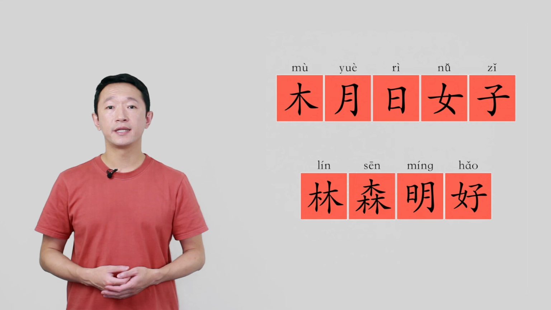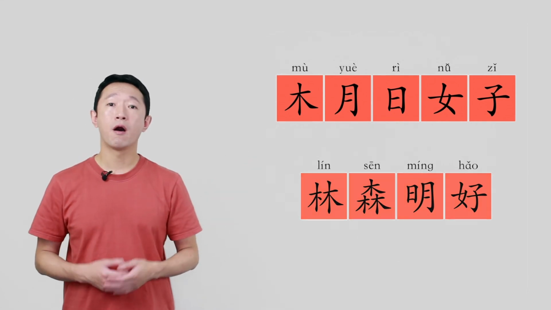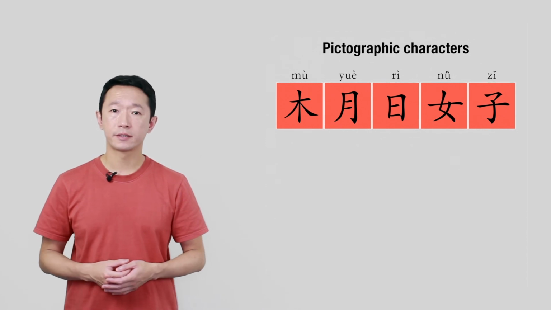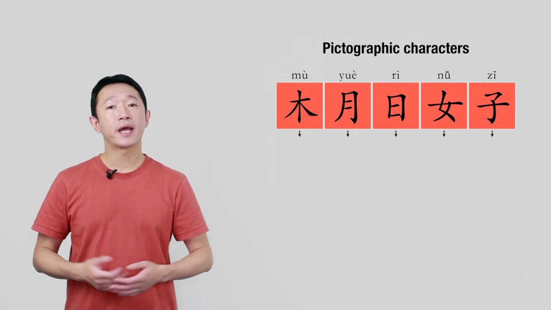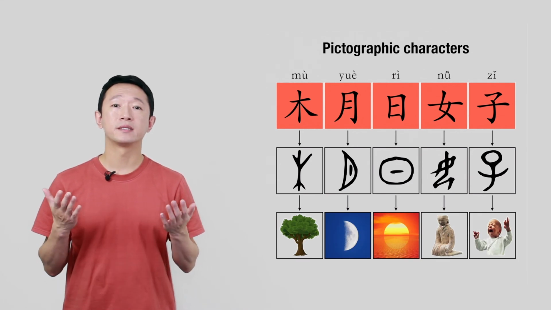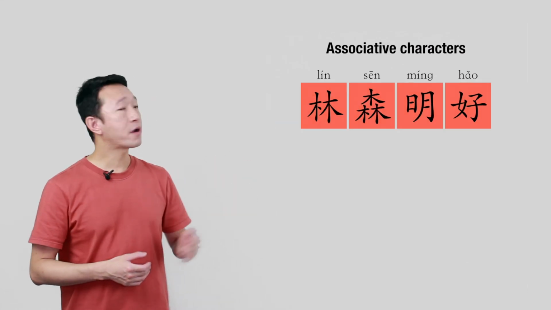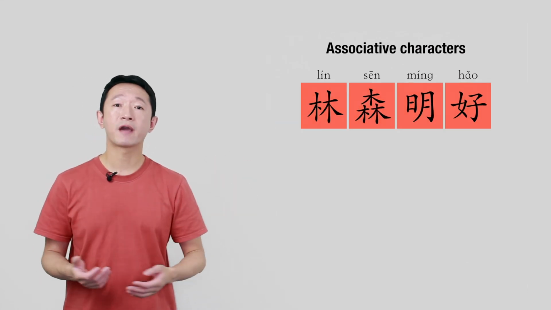Today we have learned 9 characters. The characters above are all pictographic characters. They were created by roughly sketching physical objects to represent concrete things. These 4 characters are associative characters.